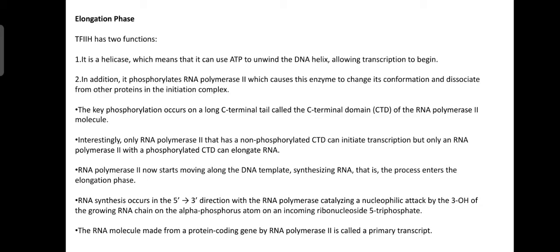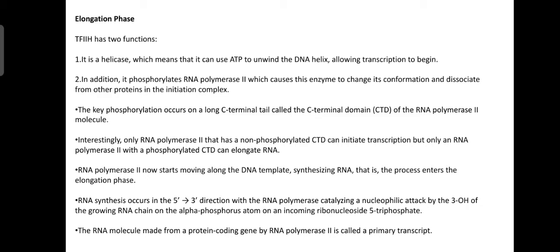We have already seen that in the initiation phase, RNA polymerase 2 forms a transcription initiation complex. Then when it reaches the elongation phase, it needs a phosphorylation. Addition of the phosphate group will change its conformation, which helps it to dissociate from this complex.